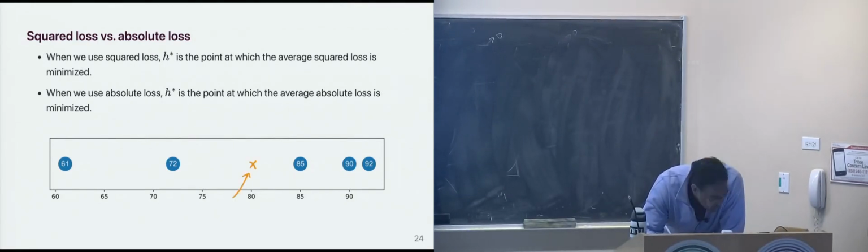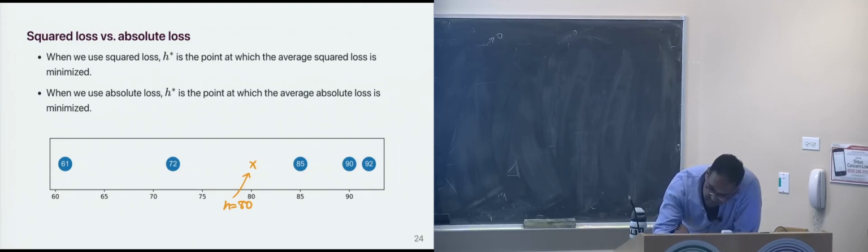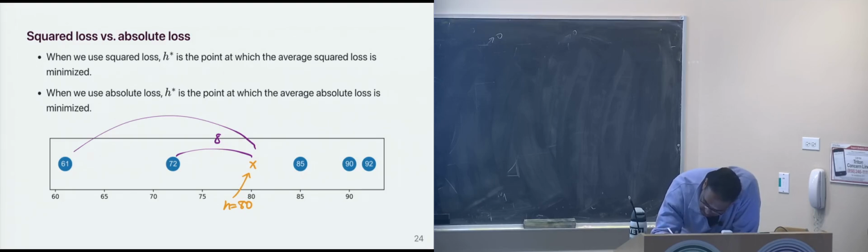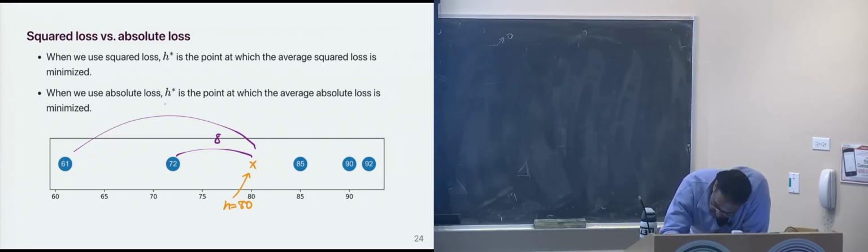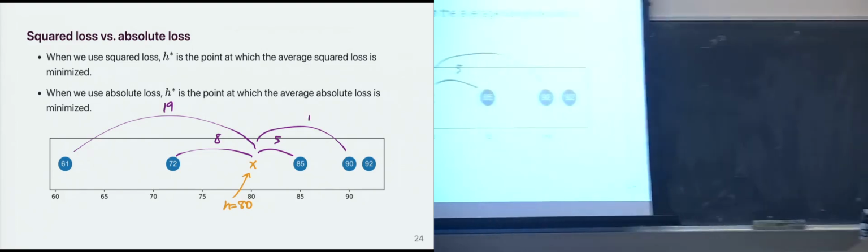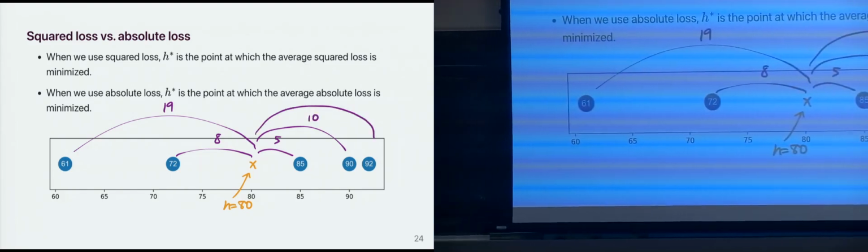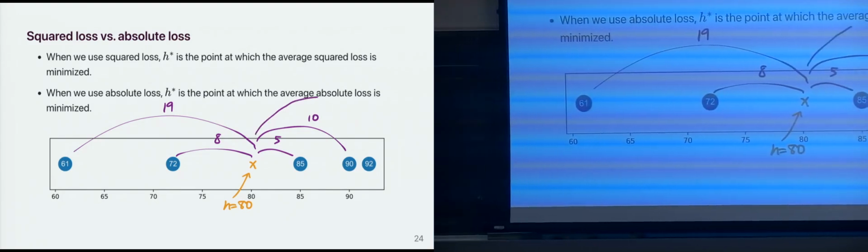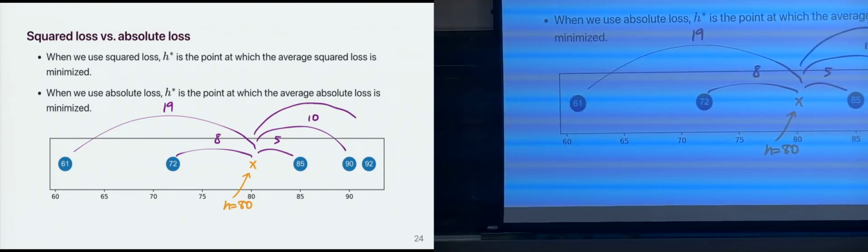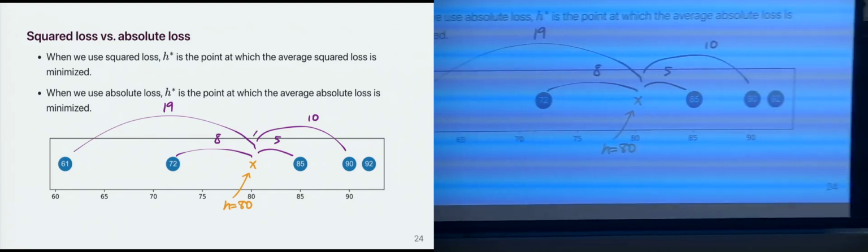Let's take a look at the prediction h equals 80. What I'd like to do is first find all 5 absolute losses for this prediction. It's hard to get the curvature right here.